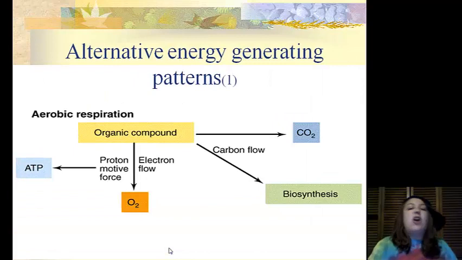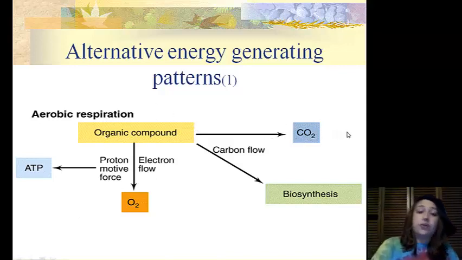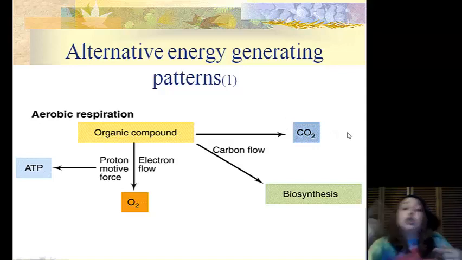So, to review about the alternative pathways, going back to aerobic respiration, we have to take in organic compounds. So these guys have to be eaten. Part of the carbon is sent over here for carbon fixation to create more sugars. Then, some of the carbon is sent down here for biosynthesis, making macromolecules, lipids, carbohydrates, nucleic acids, and amino acids.